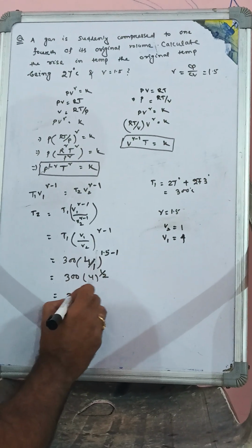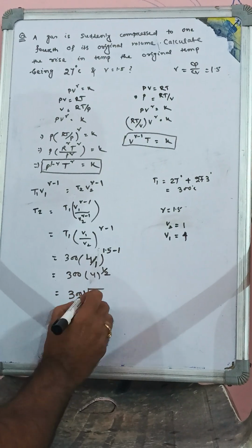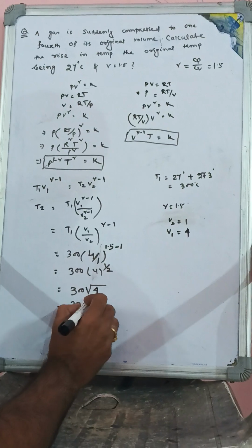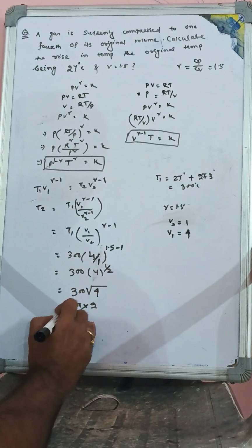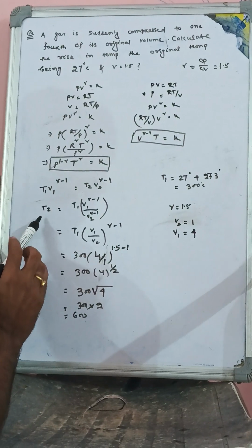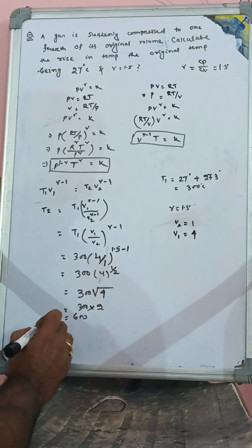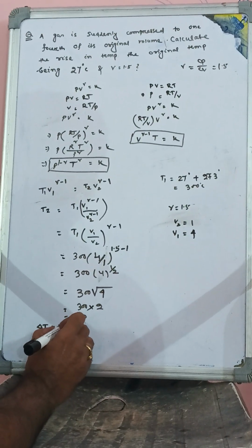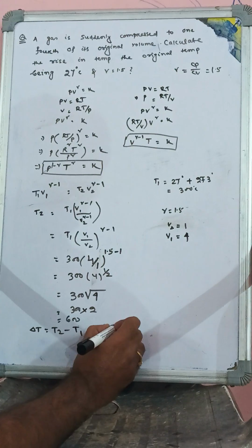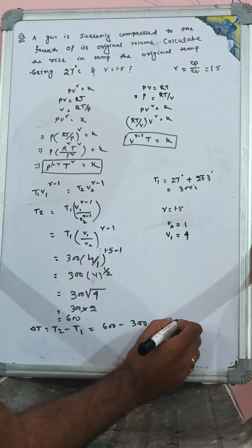The square root of 4 is 2, so 300 into 2 is 600. Then the change in temperature, del T, is equal to T2 minus T1, that is 600 minus 300, which is equal to 300 degrees.